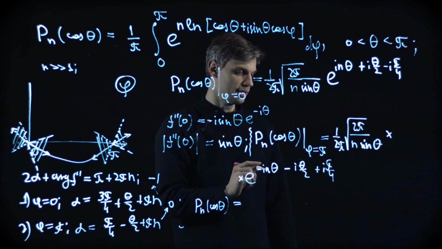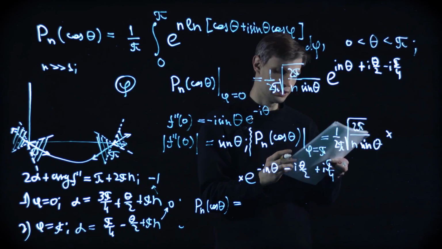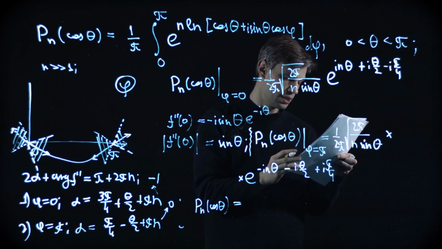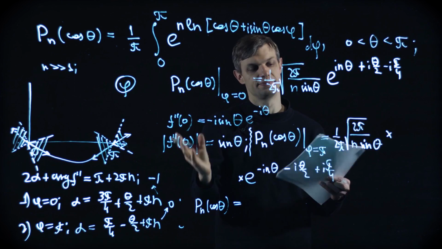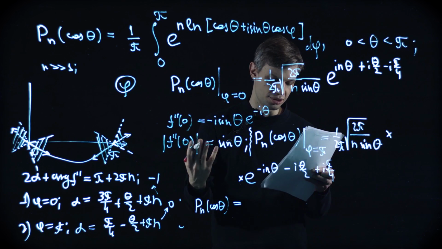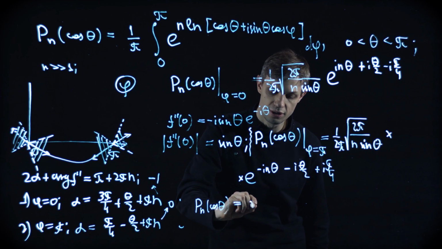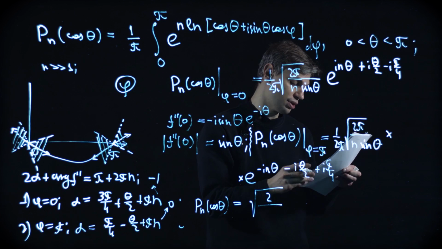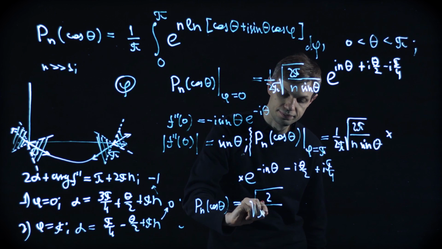Now let me actually write down the answer. When you combine these two contributions, you can change cosine to sine with simple trigonometric formulas. And in the end, we get a standard expression, which you can look up on Wikipedia, for example.